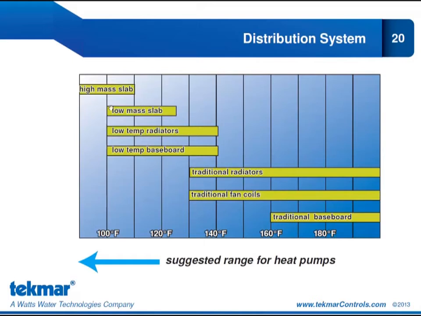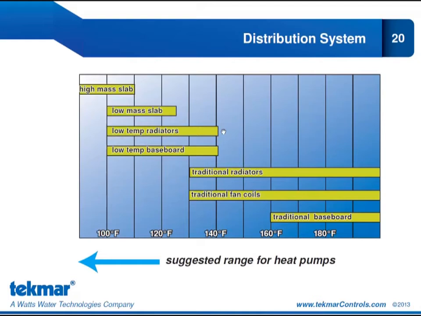And here we have a range in temperatures of 100 up to about 125, so again this works well with the geothermal system. And we can also use low temperature radiators and low temperature baseboard. These can both be utilized with low supply water temperatures. So we have a range here of 100 to about 140.